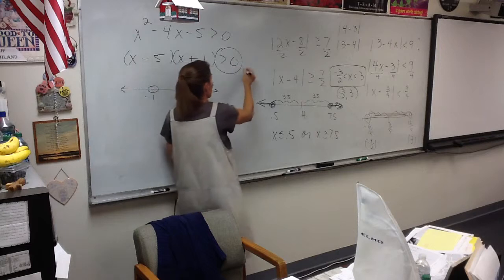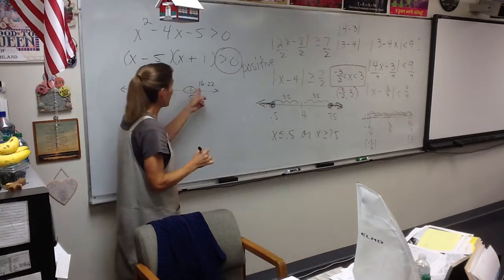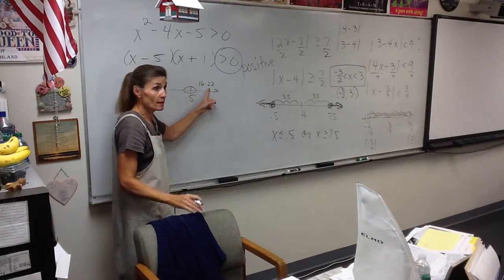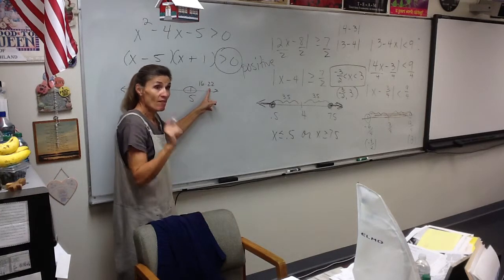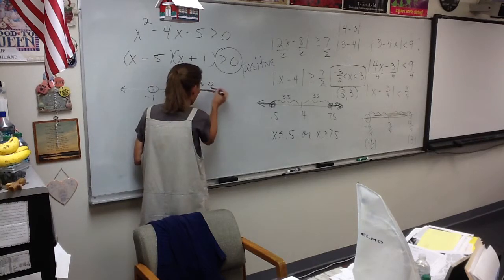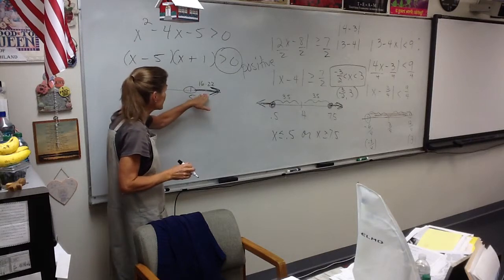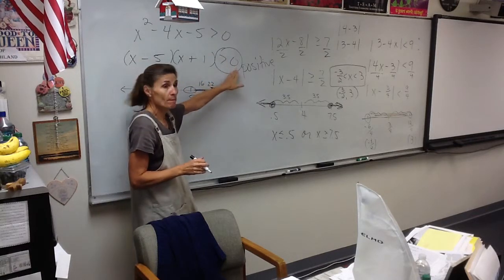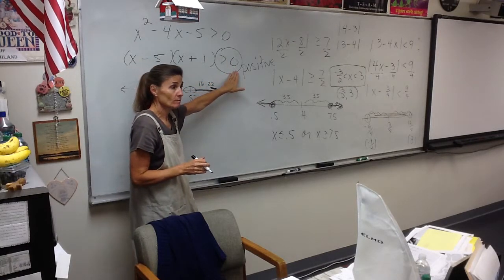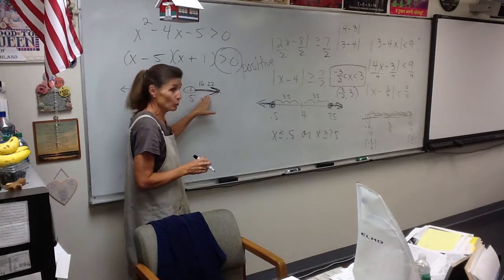Bigger than 0 means positive, doesn't it? If we put 21 in, didn't we get a positive answer? That means that 21 and every other number out here is part of the solution set, because these numbers, if I put them in, make it positive. Any number you would have picked out here would work.